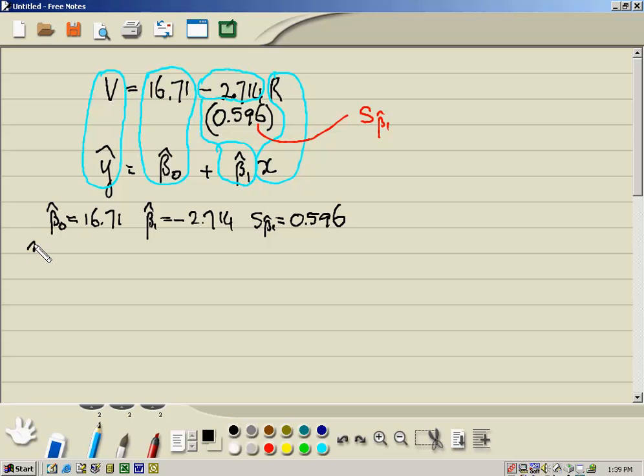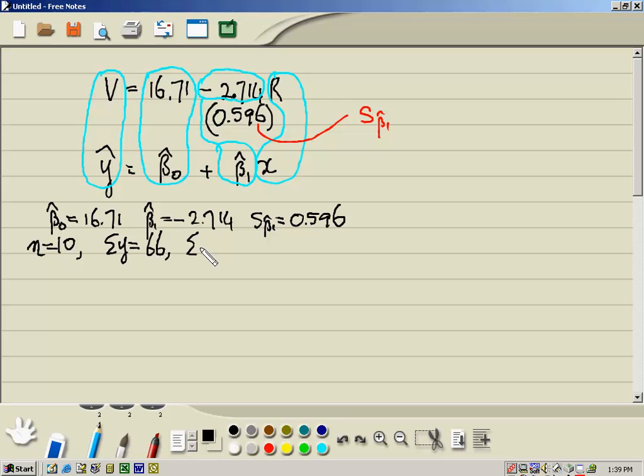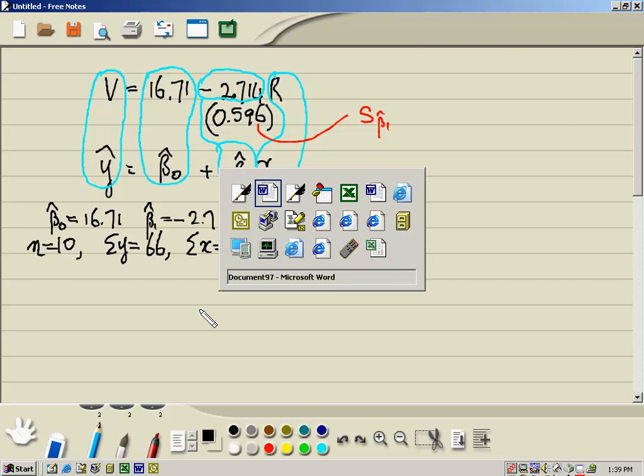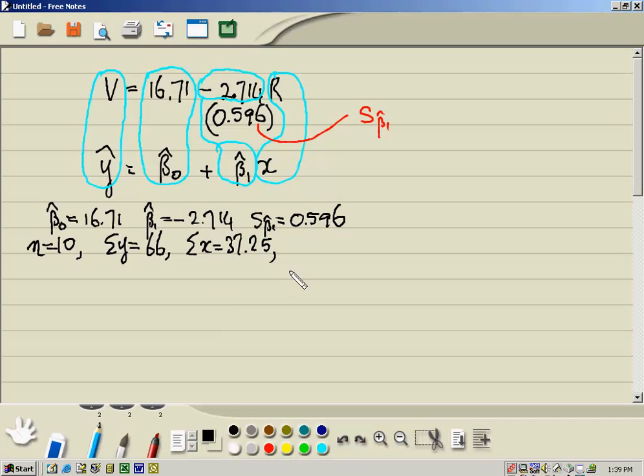So the first thing on that line is that N is 10 data points. Sigma V is 66. That means that sigma Y is 66. Next says that sigma R is 37.25. That means that sigma X is 37.25. Next, that sigma V squared is 514.